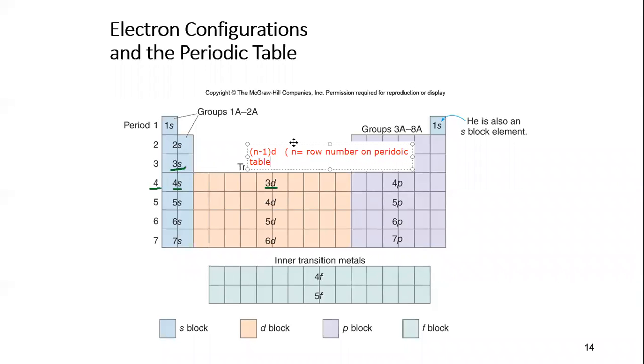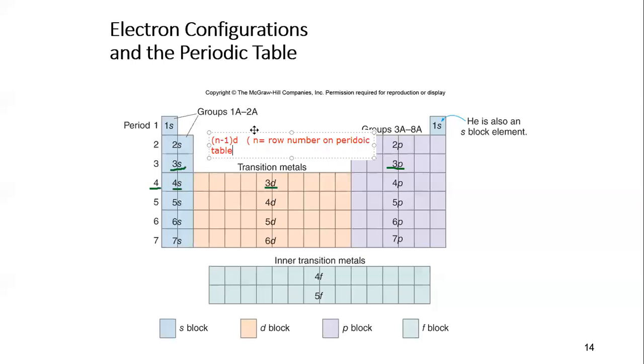So if you want to know what d orbital you're on, just take the row number, subtract 1, and that's the d orbital. Now the s orbitals and the p orbitals correlate to the row that you're on.